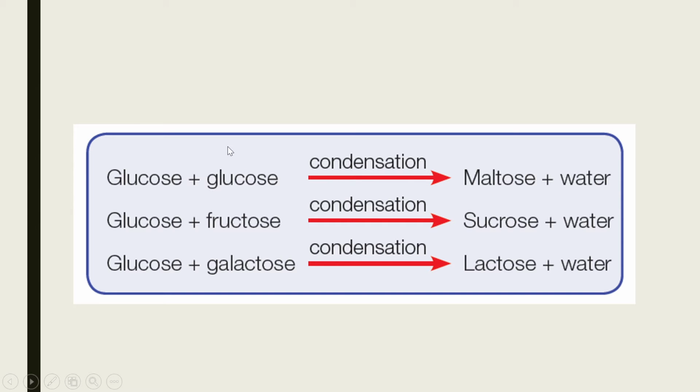These are the monosaccharides. Okay, if glucose is to react with fructose, that means to combine through condensation, sucrose is formed. One water molecule is being removed. And then glucose with galactose, again, condensation. It's building up from monomers to become a disaccharide, in this case lactose.